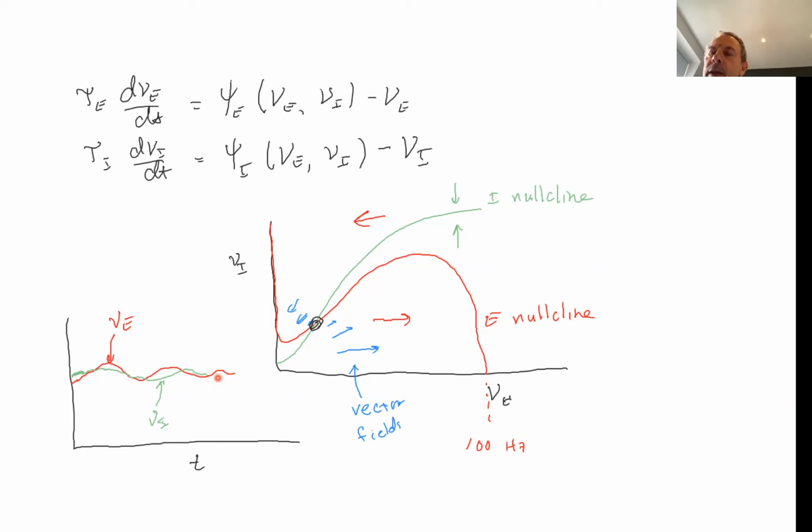Okay, did that answer your question? Yeah. Okay, I mean, all this stuff depends on your background. If you had a class in ordinary differential equations, especially nonlinear ones, this will be fairly straightforward. If you haven't, I'm guessing this is kind of new material.